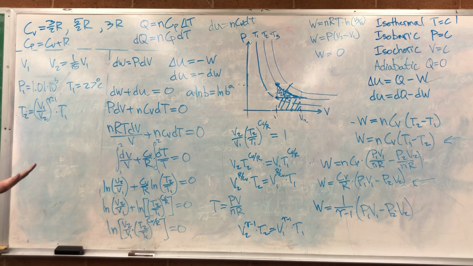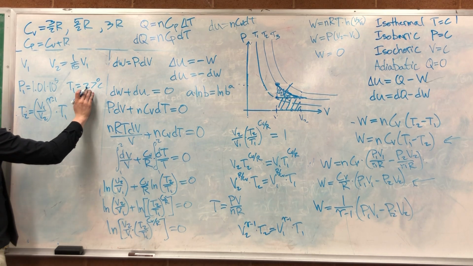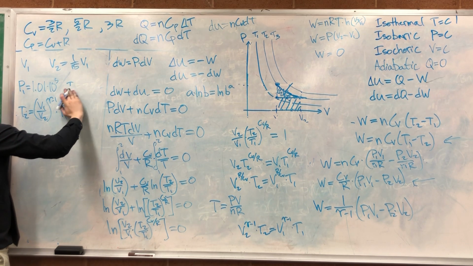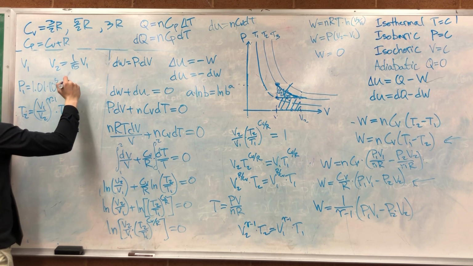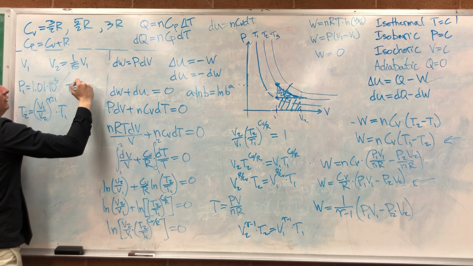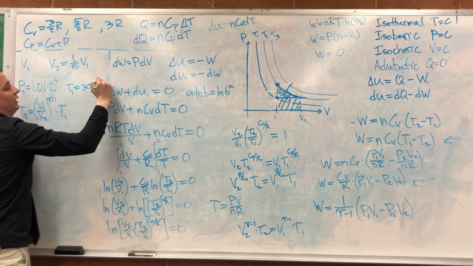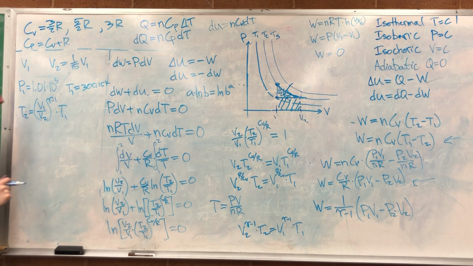Now, the gotcha here is these temperatures always need to be in Kelvin. So T1 is really not 27 degrees Celsius, but what is that in Kelvin? It's 300.15, right? Kelvin. And then this will give us T2.